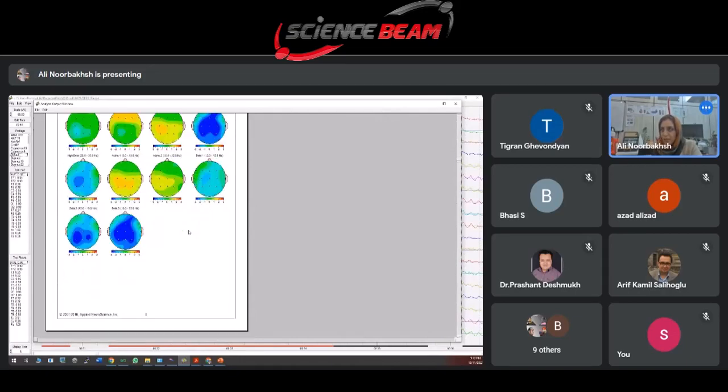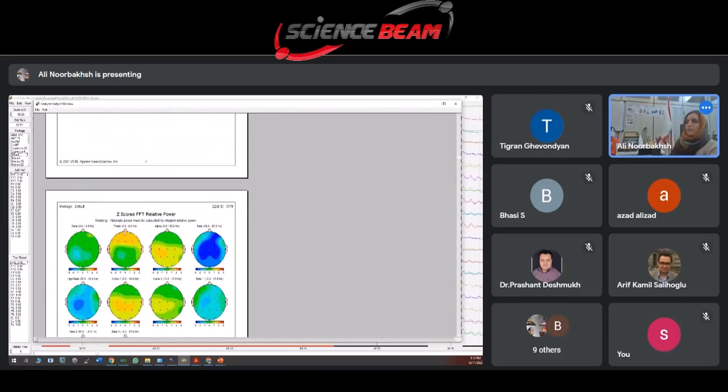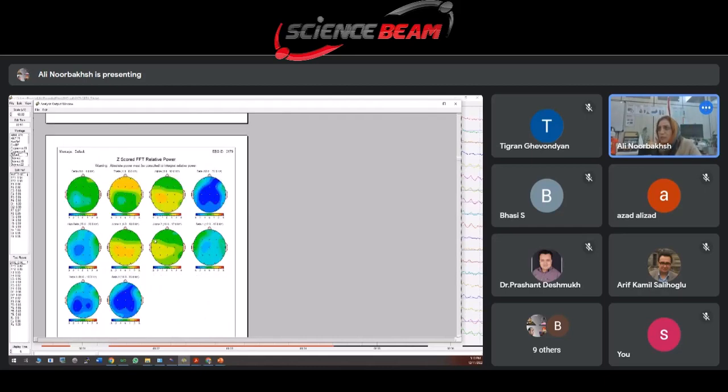Again, I want to explain about relative power and absolute power. Again, you can see in relative power, beta is decreased. And you can improve beta with neurofeedback.